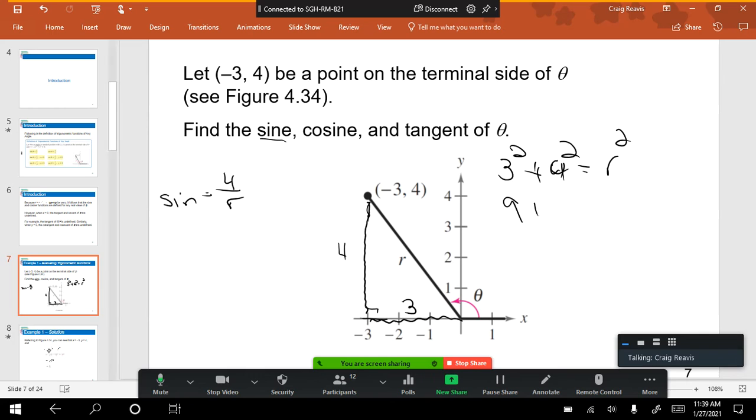And so what do we have? 9 plus 25 equals r squared, and that is 36. Am I adding that right? Or is it 34? No. I'm skipping. We all know 4 squared is 16, not 25. So 9 plus 16 is 25 equals r squared, and then the square root of 25 is 5.